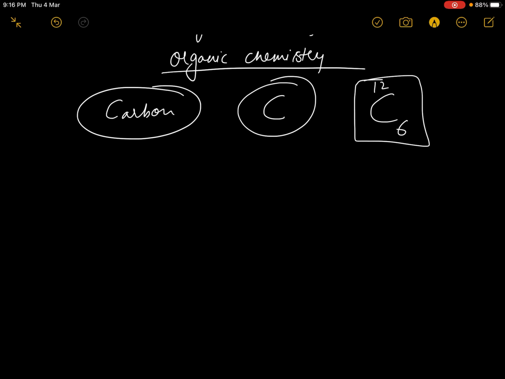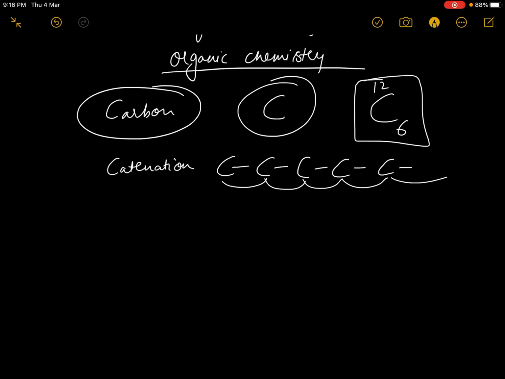It has the important property of catenation, meaning it can form bonds with itself in a number of ways. Like this, it has formed a bond with another carbon, and this is another carbon, and it can form a long carbon chain.